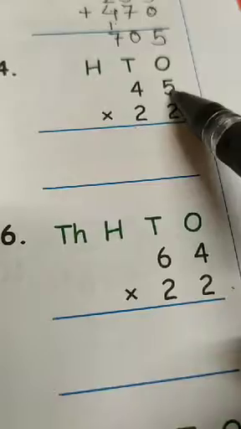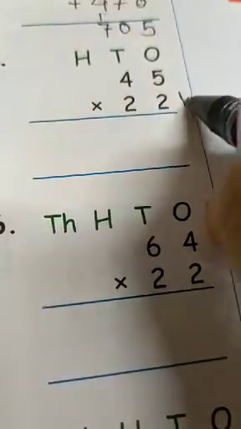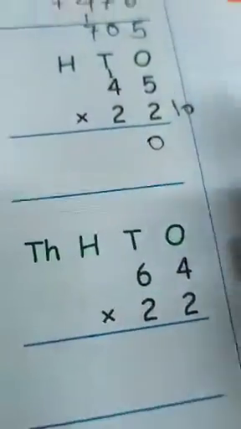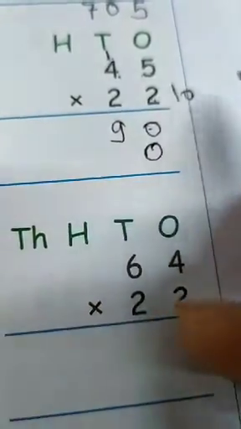Fourth one. 45 into 22. With these two multiply 5 and 4. So 5 twos are 10. In 10, 0 is here, 1 will be carry. So 4 twos are 8 and 8 plus 1, 9. Downside of 0 give 0. 5 twos are 10.